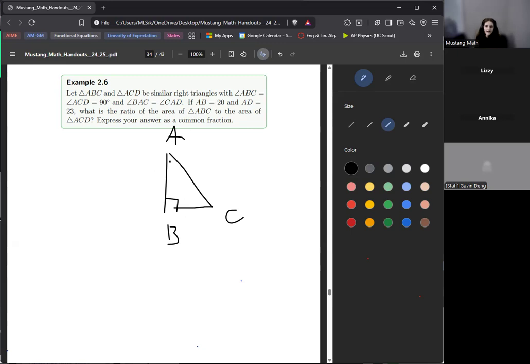And we have ACD, where C is our 90-degree angle. So if angle BAC is equal to angle CAD, AB is 20, AD is 23. We want the ratio of the areas.